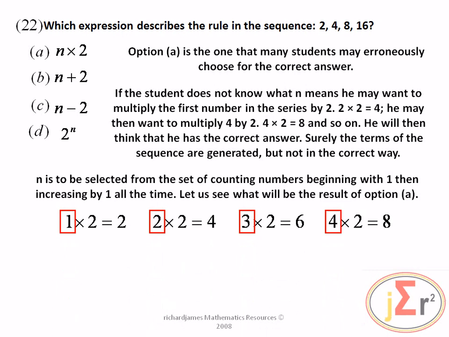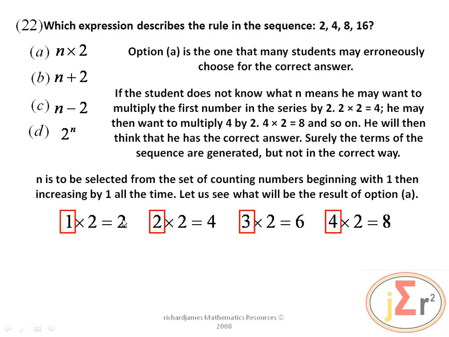Now, when we are writing a sequence, notice that the counting numbers are here 1, 2, 3, 4. So the rule is going to be applied to the counting numbers in the sequence 1, 2, 3, 4. Now we are multiplying by 2. So we are going to take the numbers 1, 2, 3, 4 in that order. So we say then 1 multiplied by 2.